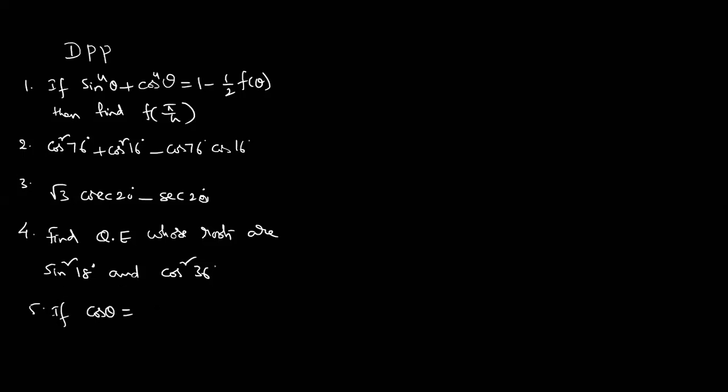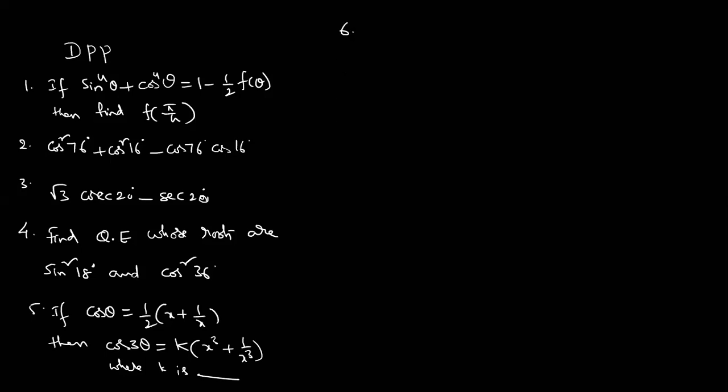Cos theta is equal to 1 by 2 into x plus 1 by x. Then cos 3 theta is equal to k into x cube plus 1 by x cube, where k is dash. Question number 6.